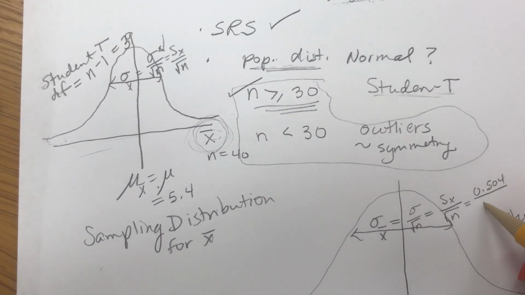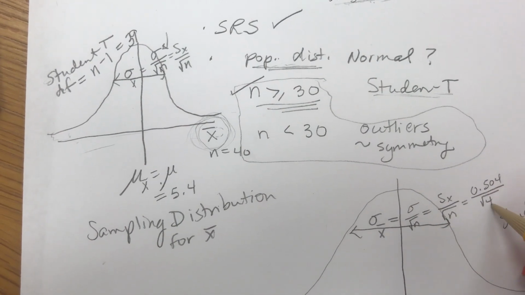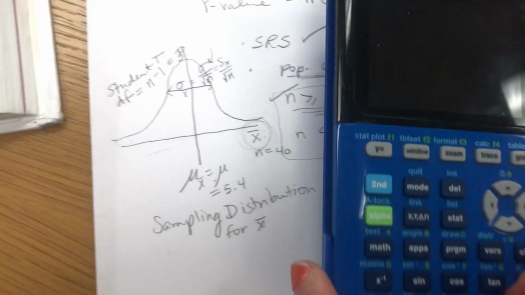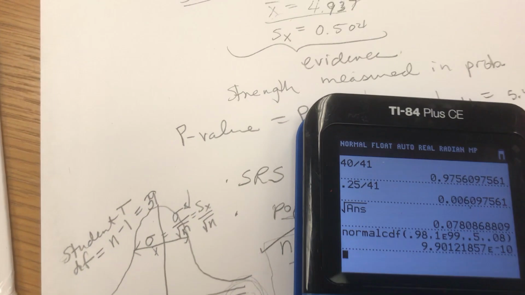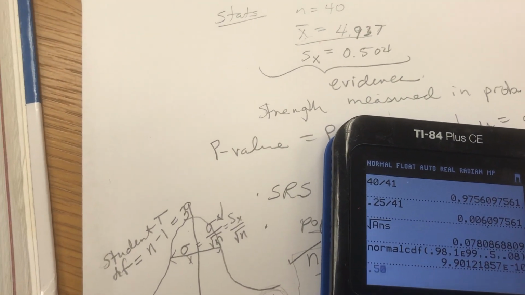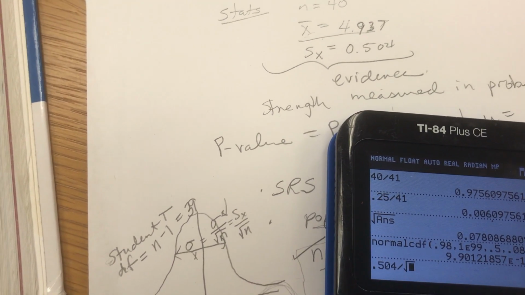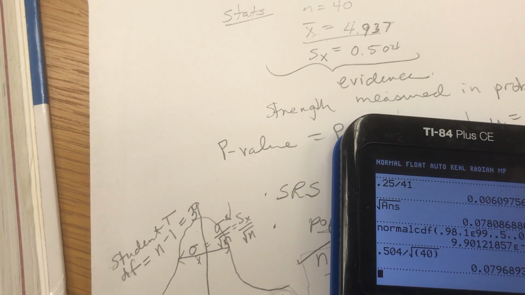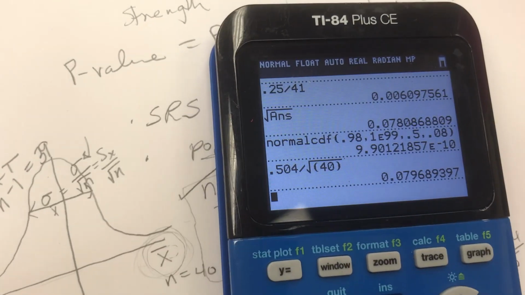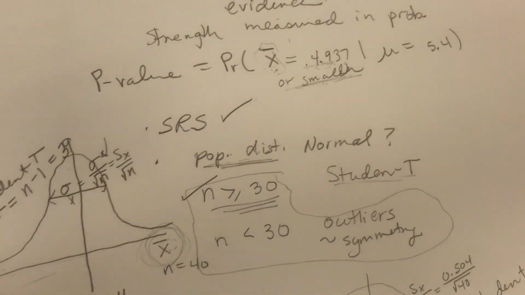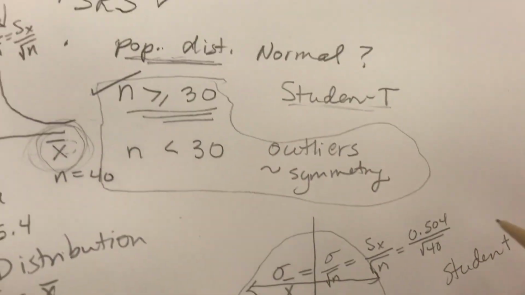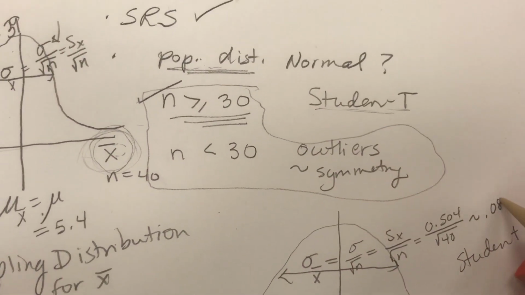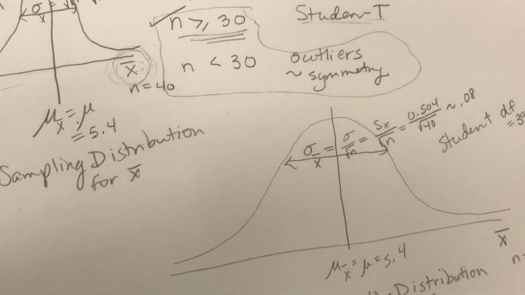So 0.504 divided by the square root of 40. Just quickly to calculate that. Boom. Oh wow, 0.08 again, like the previous problem. Okay, so about 0.08. And that's in nice units.